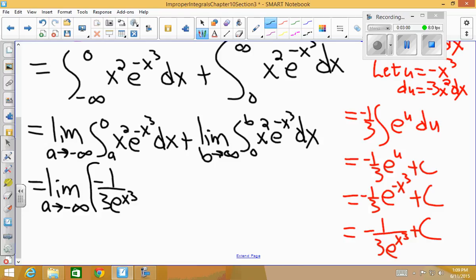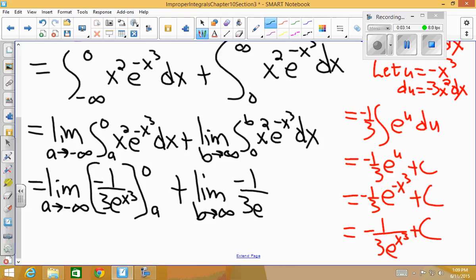Now we're having a definite integral from a to 0, so we no longer need the plus c, plus the limit as b goes to positive infinity, negative 1/3 e to the x cubed from 0 to b.